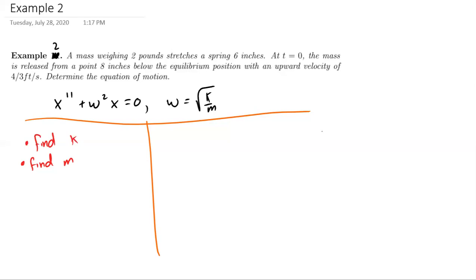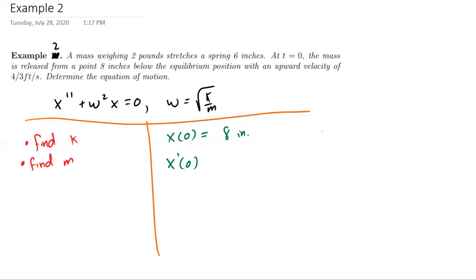Afterwards, we pull on the spring 8 inches below equilibrium. So in our picture, we're pulling down 8 inches. And then we release it, or in this case, give it a push or pull. Meaning that at t equals 0, x, the position, starts 8 inches below equilibrium, that's positive 8 inches. We also know the initial velocity.